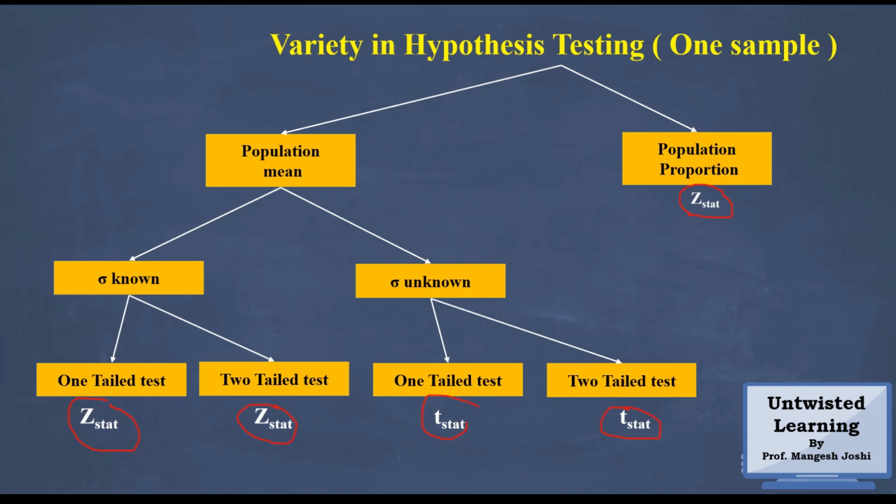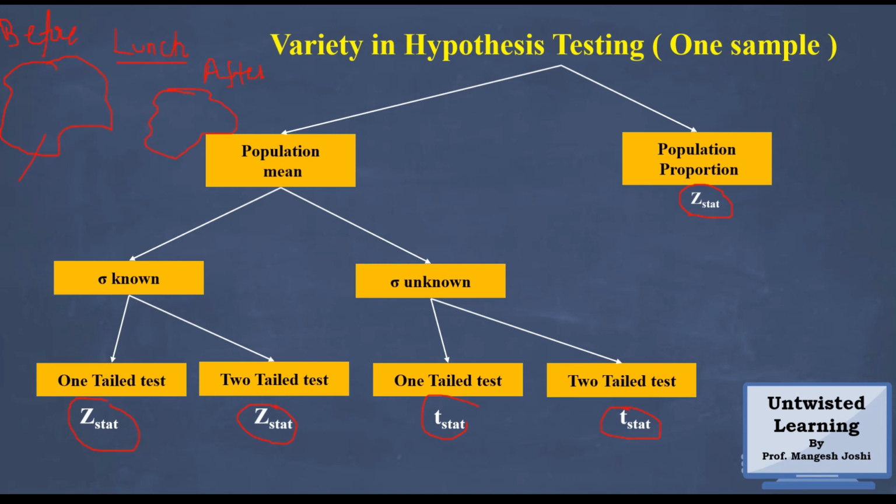Now, first of all, let us understand what one sample and two sample mean. First I will tell you what two sample is. Suppose you are testing the hypothesis that lunch affects the production rate. You will have to take one sample before the lunch and one sample after the lunch. You will measure the production rate before the lunch and after the lunch.